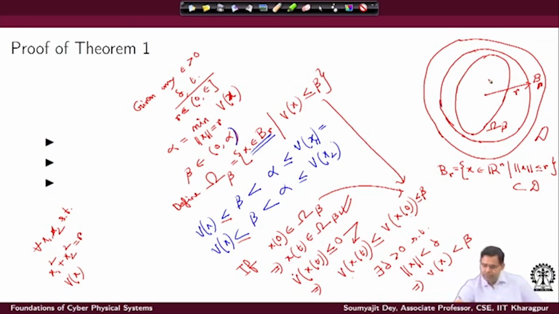So now let us draw a smaller circle here, of radius delta. Now this is your b delta, and since this guarantee holds for the entire set omega beta, I can write this also.